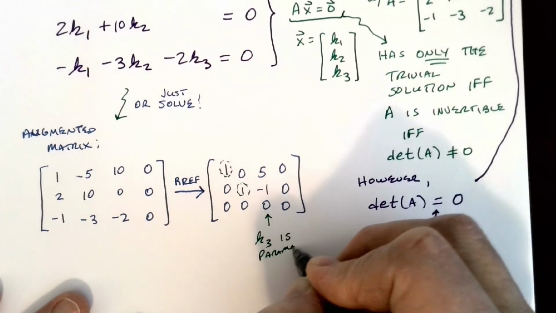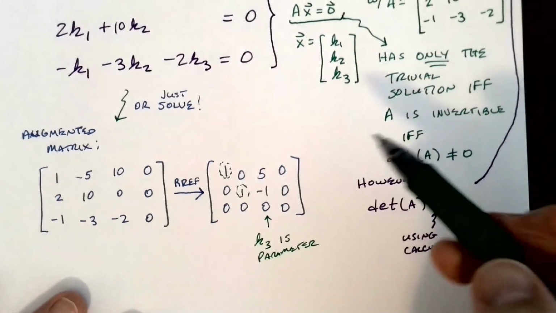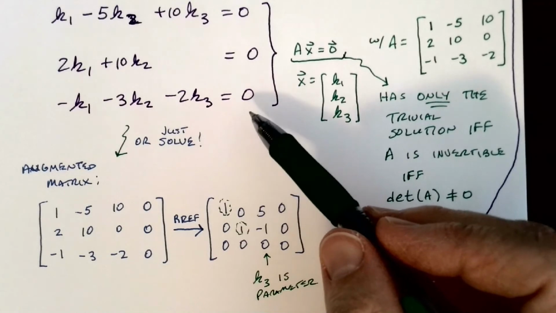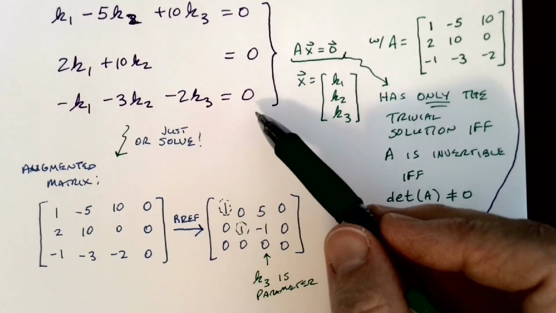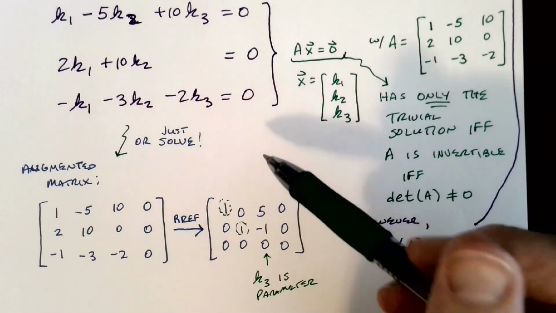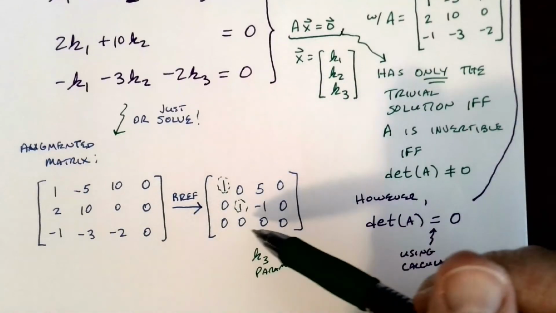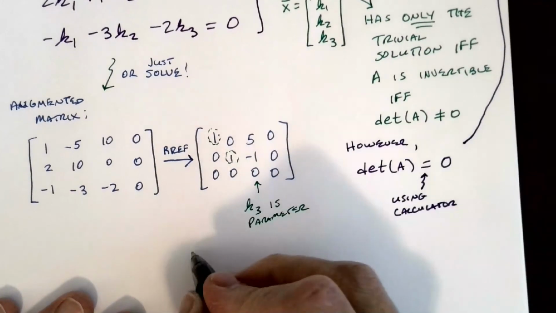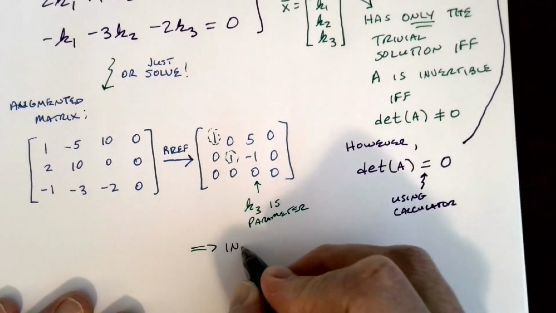So what does it mean in this case? Remember, we have a homogeneous system of linear equations. Therefore, we know the system is consistent. We always have the trivial solution. So it's a consistent system. And what does this tell me here? Because I have one parameter, this tells me I have infinitely many solutions.